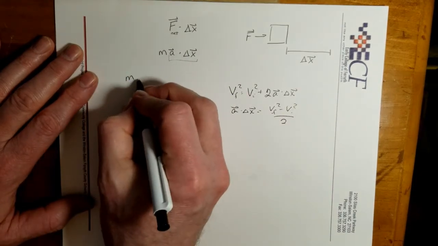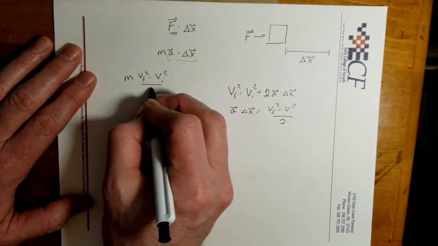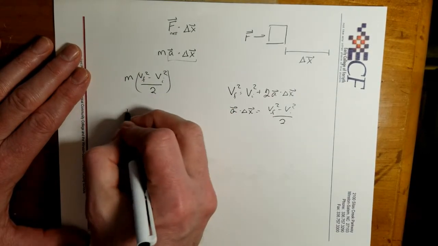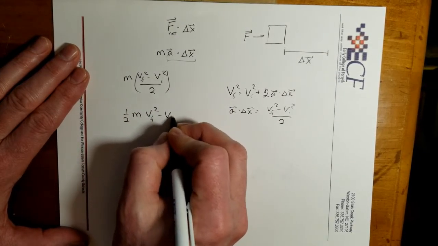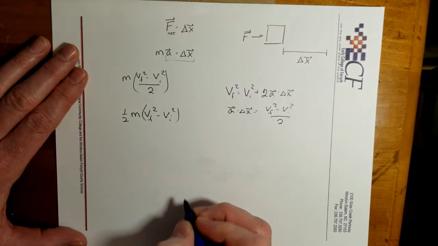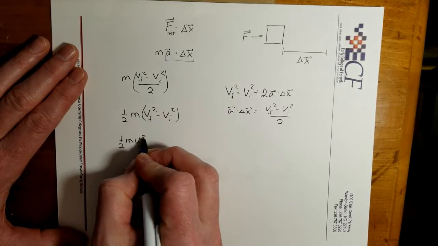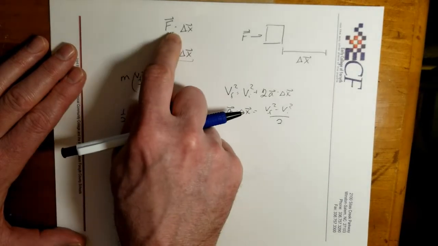So this becomes mass times Vf squared minus Vi squared over 2. Dividing by 2 is the same as multiplying by half, so I have 1/2 mass times Vf squared minus Vi squared. I'm going to distribute, so I have 1/2 mass Vf squared minus 1/2 mass Vi squared. And that's all equal to this.